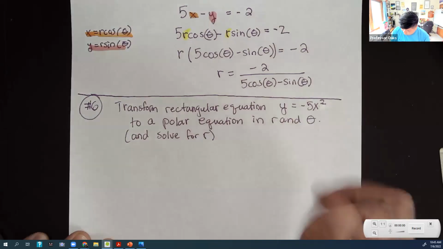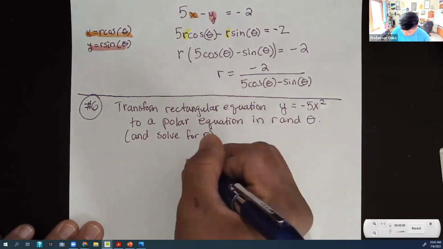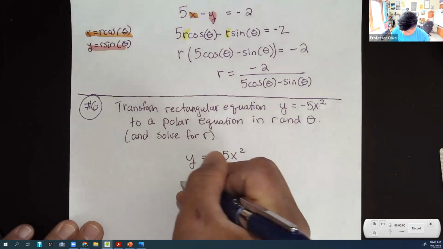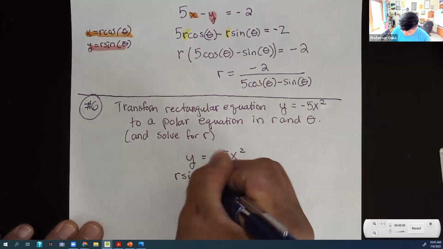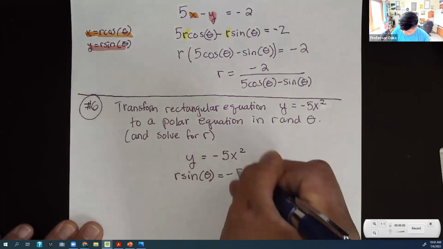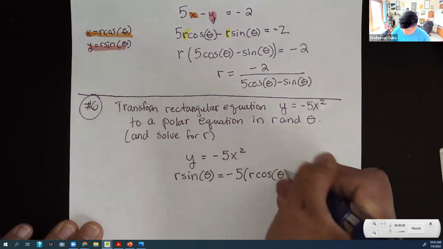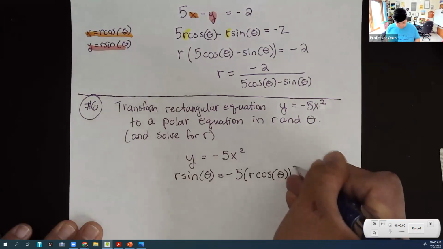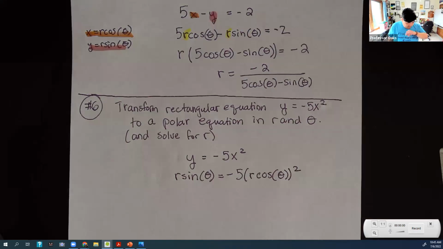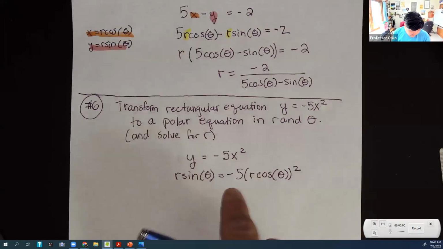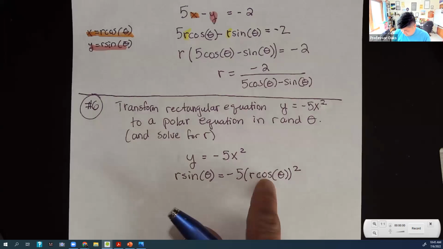So we'll make the same substitutions. y is -5x squared, so r sine of theta is -5 times (r cosine of theta) squared. What I will do is square each side.